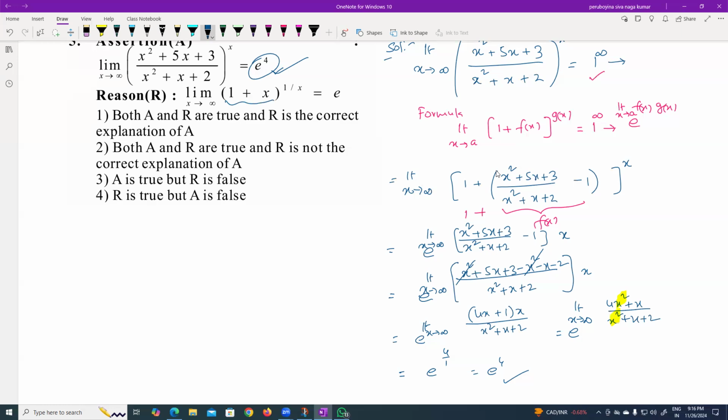Yes, (1 plus x) whole power 1 by x is e power 1. So both are correct. What conclusion can we get? Both A and R are true, and R is the correct explanation of A. So the first option is correct.